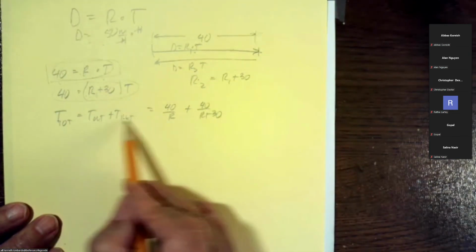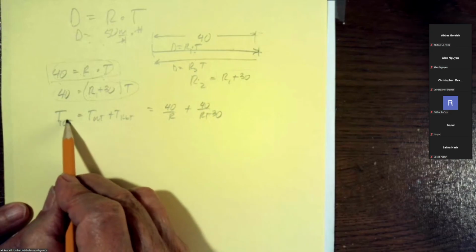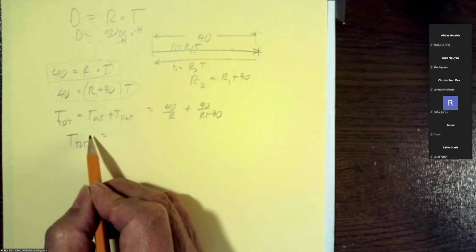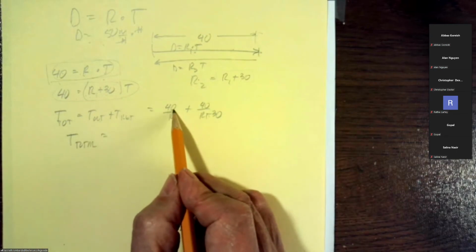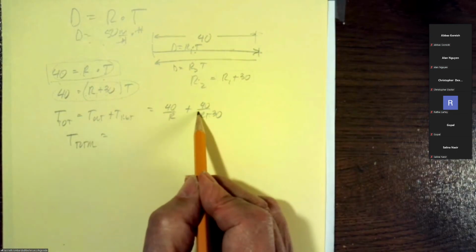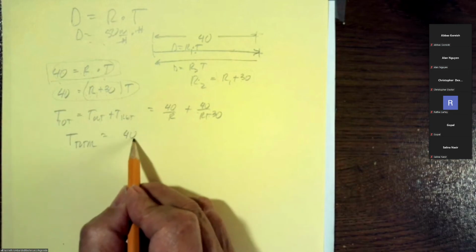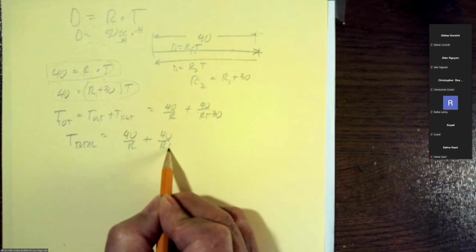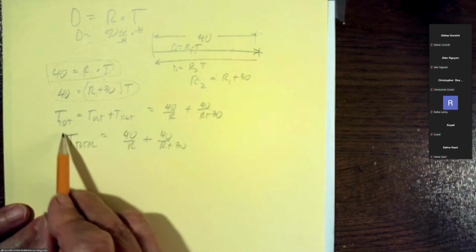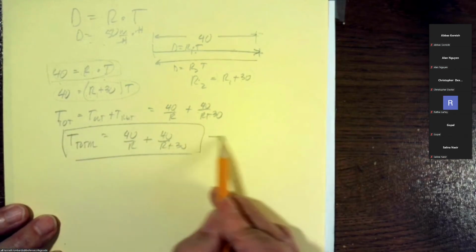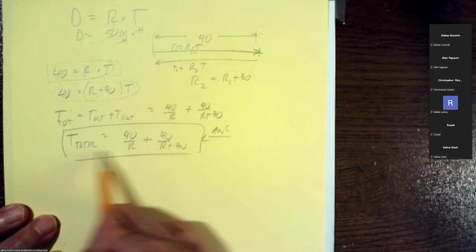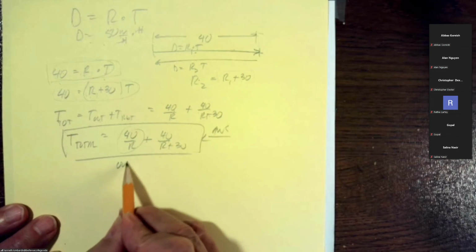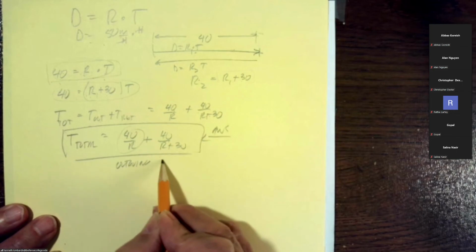So now we have time out plus time in. Now we have the total time, T total, as a function of time out plus time back. So 40 over R plus 40 over R plus 30 would be the way we would put that total time as a function of the outgoing time and return time.